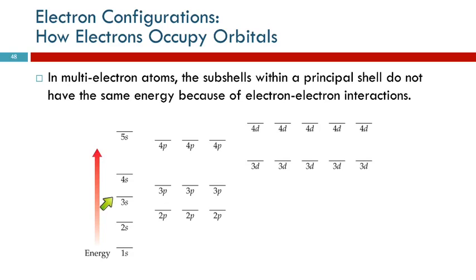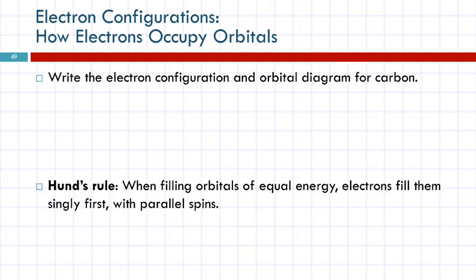And on the third shell, 3s and 3p are not exactly the same in energy. The p is higher. And then there's also the d subshell on the third shell, and that's even higher in energy. But it's higher in energy than the 4s. And so they get all kind of wonky like this. Don't worry about that too much just yet.